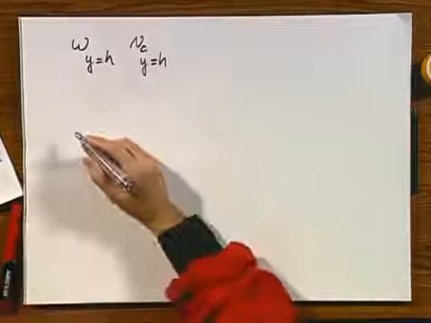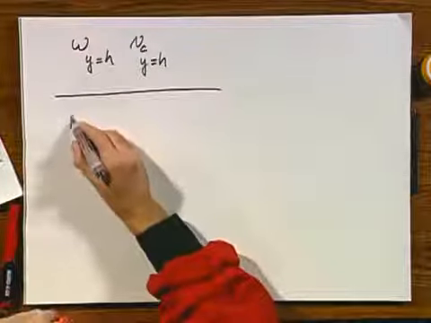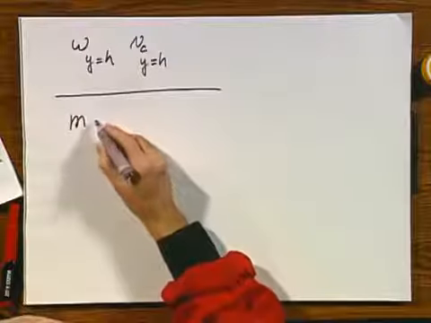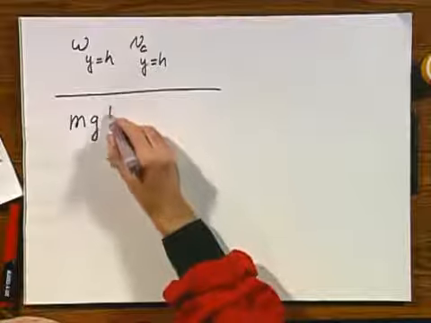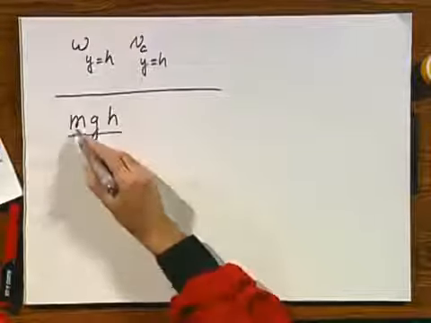If I use the conservation of energy in my previous problem, the object is going to move. So there's the previous problem where we had simply the object with mass m. The object is going to move over a distance h. So the energy released is mgh.